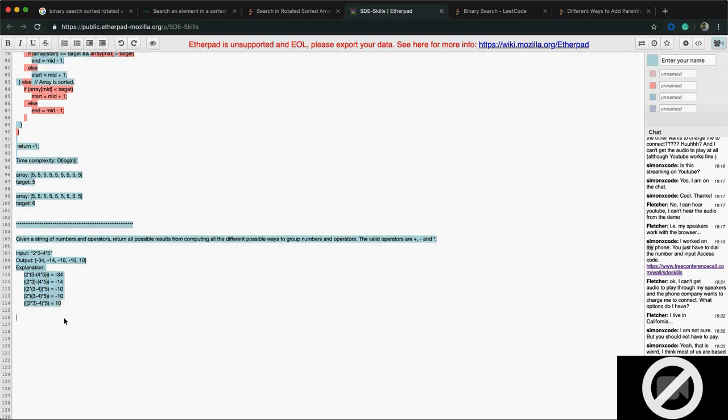So I've noted that in the explanation, we don't have any plus operator. Can we use only what is given in the input, only those operators? Yes. So a string is already given to you. Let's take a different string. We have 1 plus 2 minus 3 multiplication sign 4.